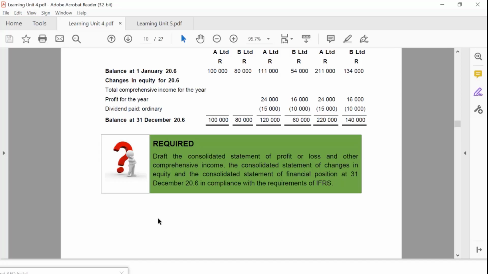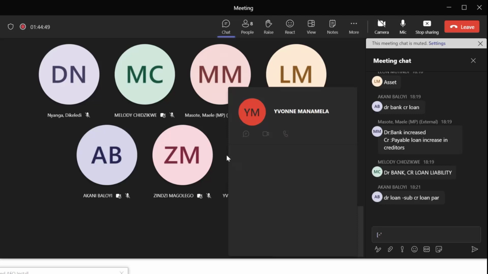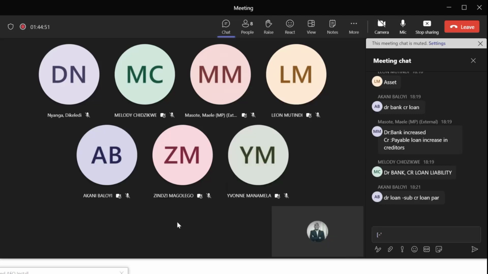Good, cool. So just a quick question. Yes. In some instances, you are given the statement of financial position only at the end of the year, and you're not given retained earnings at the beginning, but you are given retained earnings of the subsidiary at acquisition. Do we still take the retained earnings at the end and deduct the retained earnings that we found the subsidiary with?